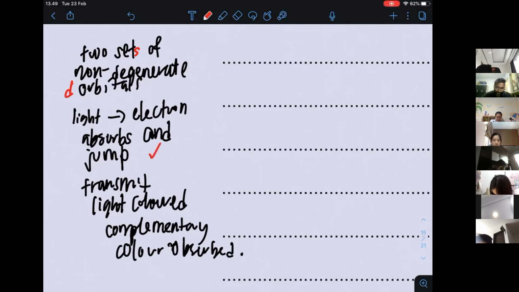The energy absorbed from the light, once the light passes through the sample, the transmitted light will be colored, complementary to the color that is absorbed.